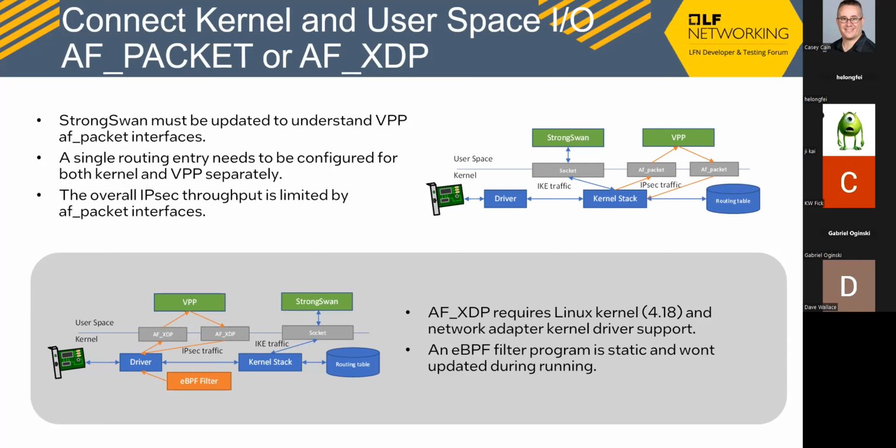Moreover, a BPF filter program is static, and it is very difficult to scale. When a new IPsec SA is created or an existing IPsec SA is updated or removed, the filter program needs to be updated accordingly with new routing rules and a newly generated bytecode.